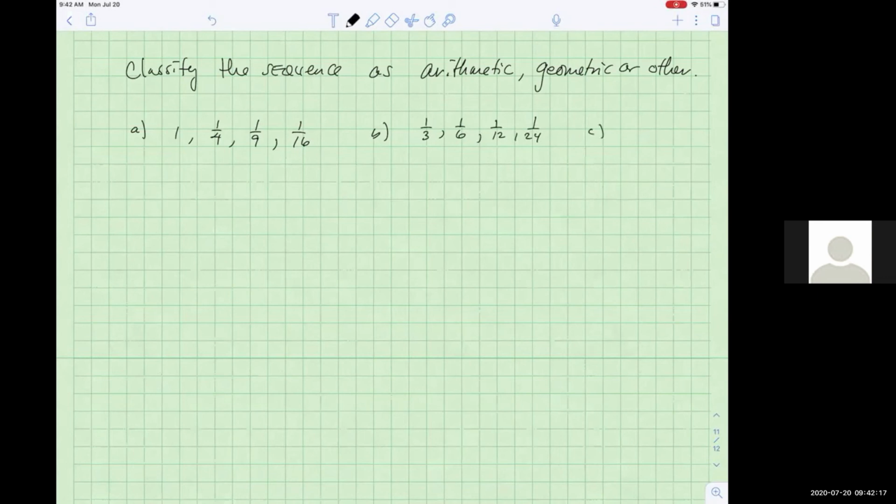And C, let's see, 1/6, 1/3, 1/2, 2/3, 5/6. I'm running out of room. Let me move this. Move all of these actually.